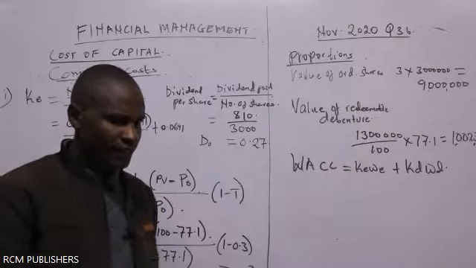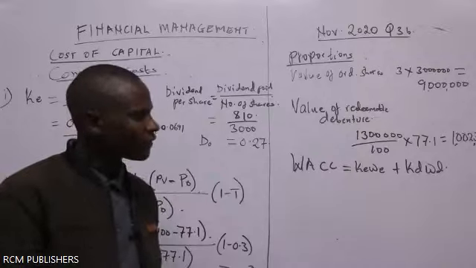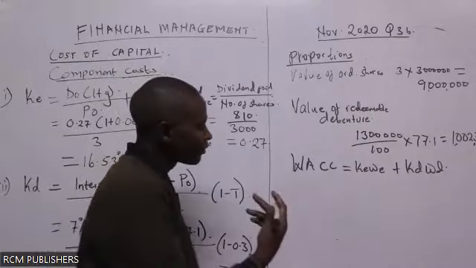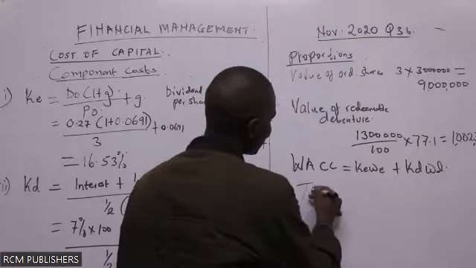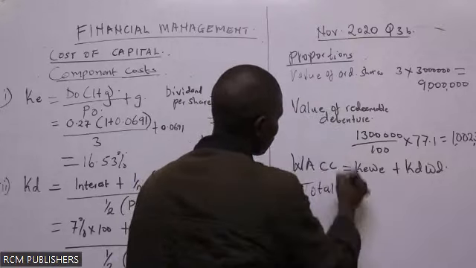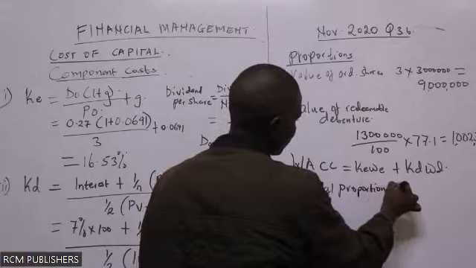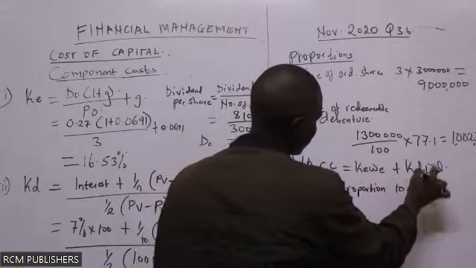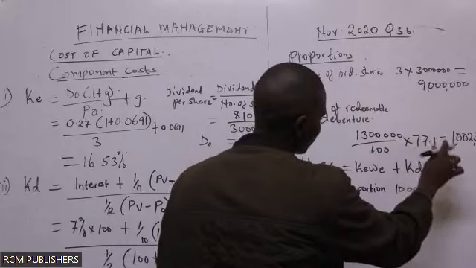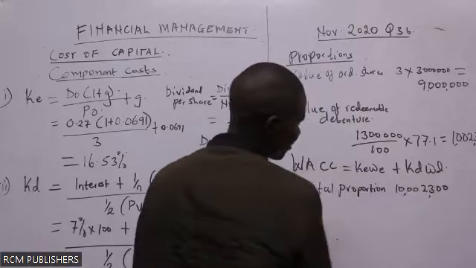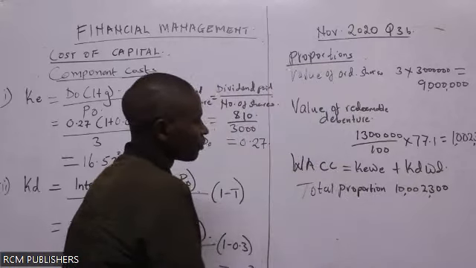We are getting 10,0023,00,10,00. So the total proportion is 10,023,00. I hope that is correct. That is correct.